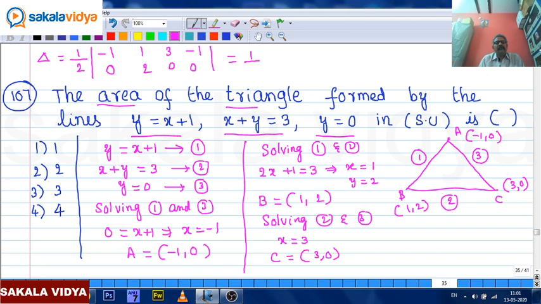That is half modulus of minus 2 minus 0 plus 0 minus 6, 0 plus 0. This will be mod minus 8, 8, half into 8 is 4. So, fourth option, option number 4.